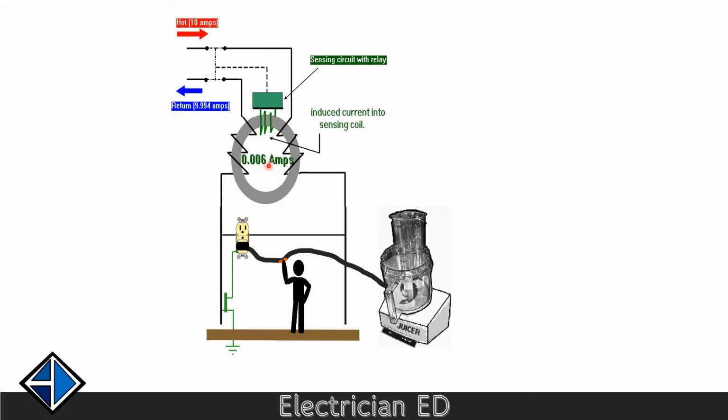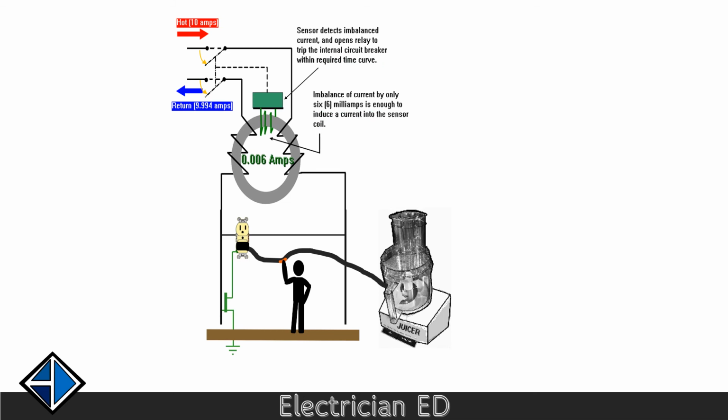Now if it was like 30 milliamps or something like that, then it may only be 2 or 3 milliseconds for this thing to kick in and trip. So at this point, it's detected that we've got an imbalanced circuit, but it hasn't quite tripped yet. And now it has tripped. It's tripping, I should say.